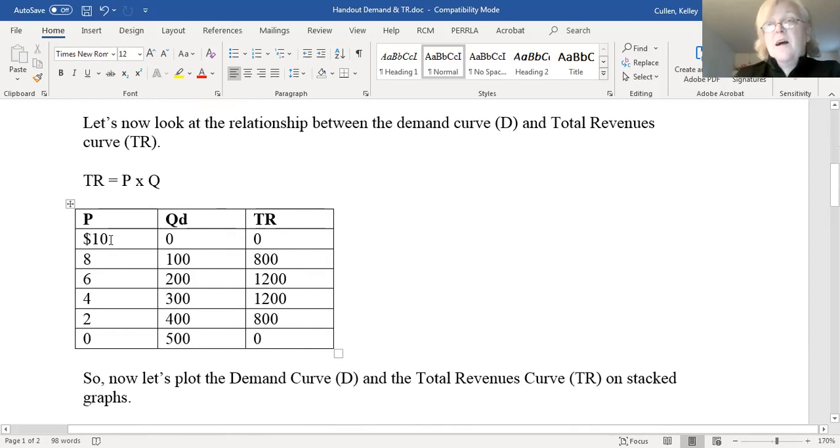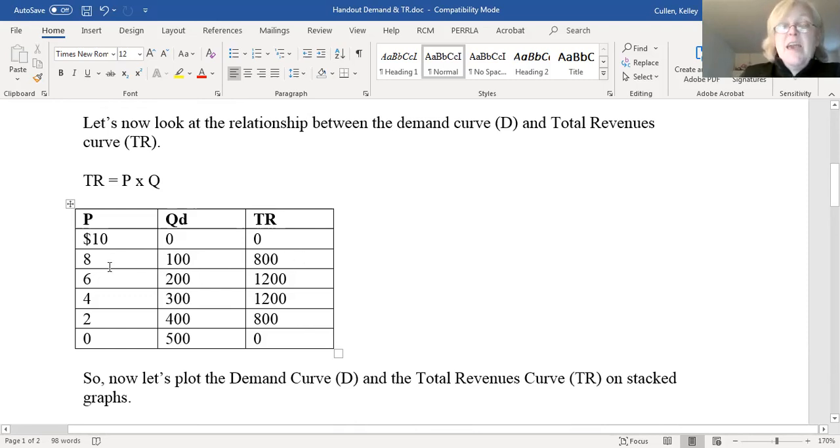At $10, I wasn't able to sell any of my hamburgers. Nobody was willing to pay $10 for a Disneyland hamburger, so 10 times 0 is 0. But when I lowered the price to $8, 100 people bought my hamburgers. So $8 times 100 hamburgers gives me total revenues at the end of the day of $800.